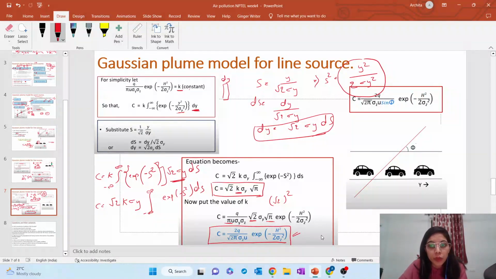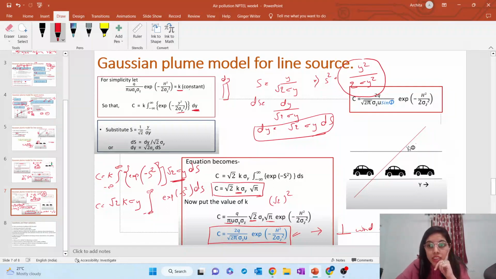But remember, this equation is for perpendicular wind direction, that is, the wind is perpendicular to the direction of motion. Now they are saying, what if the wind is acting at an angle phi, not perpendicular to the road.